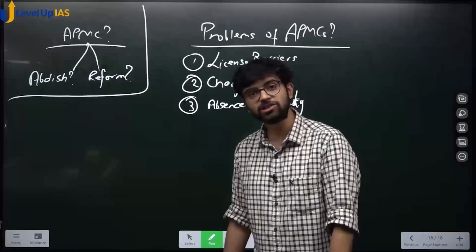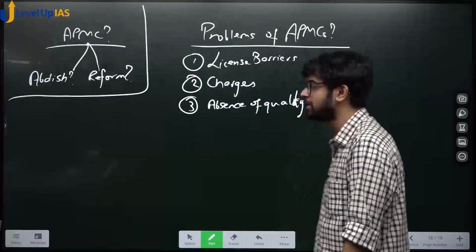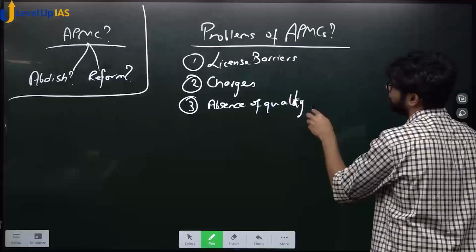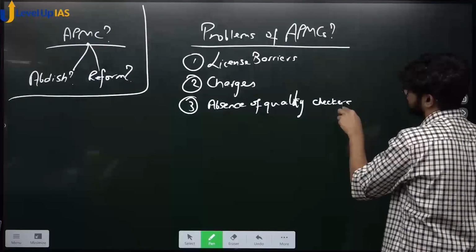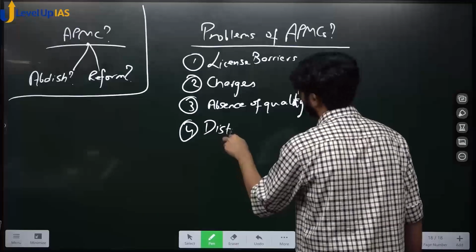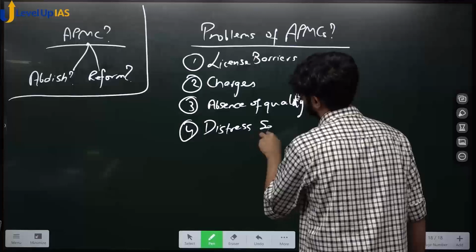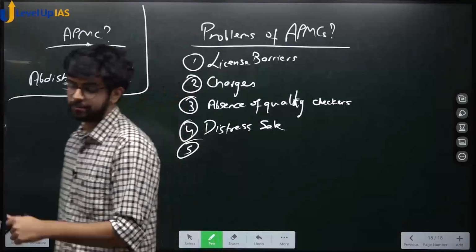Might be. Will the seller stop coming? No. फिर क्या होगा? Distress sale. I hope you realize what is distress sale. Absence of quality checkers. Distress sale often due to various factors. Right?